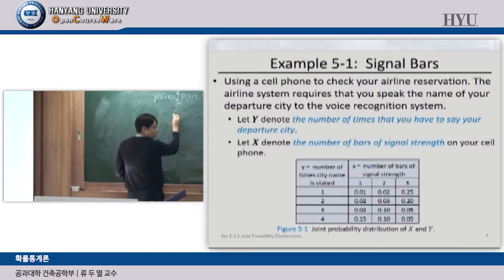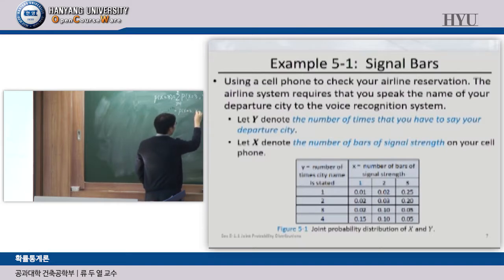So this can be written as the probability of X equal to 3, comma, Y equal to 1, plus the probability of X equal to 3, comma, Y equal to 2, plus the probability of X equal to 3, Y equal to 3, plus the probability of X equal to 3 and Y equal to 4. Okay?